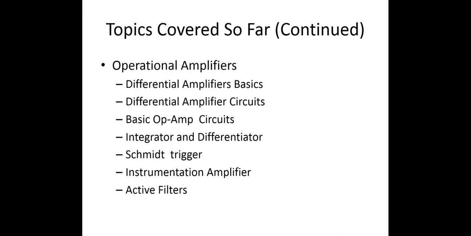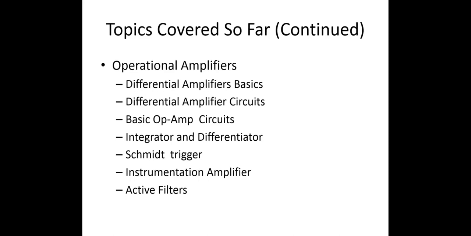So in the beginning we discussed the basic concepts and terminologies related to the differential amplifier circuits. Then we revised the basics of op-amp, and by revised I mean that op-amps you have already studied in previous courses, at least their basic characteristics.